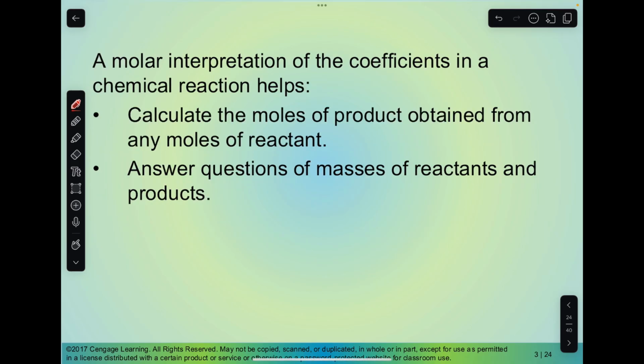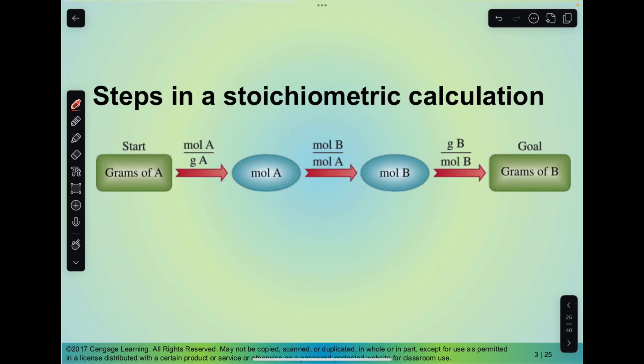Okay, so molar interpretation of the coefficients in a chemical reaction is going to help us calculate the moles of a product that we make. So however much we make, we can calculate that. And we can also convert those moles of products or reactants from one to the other. And so these are the steps that we'll be using. We're going to start with whatever grams we have, use these grams to convert to moles using the molar mass.